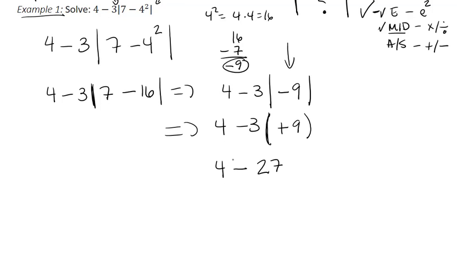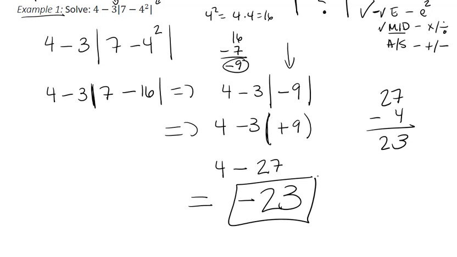So now we just have this one last operation, which is to subtract. Once again, we can go 27 minus 4. 7 minus 4 is 3. And then we bring down that 2. And so our final answer is negative 23, as we always keep the sign of the larger number.